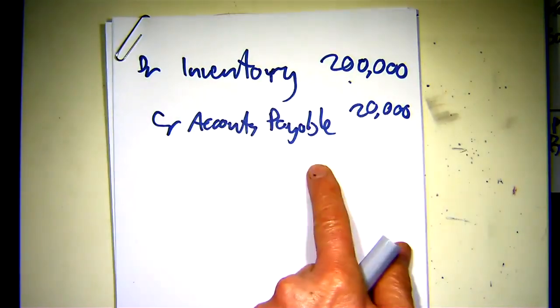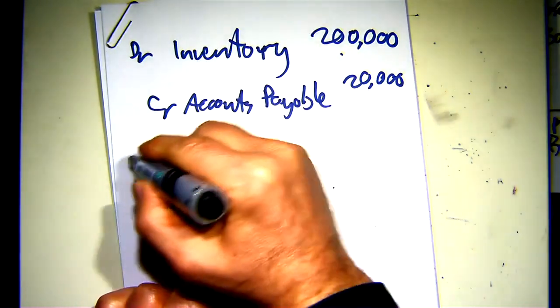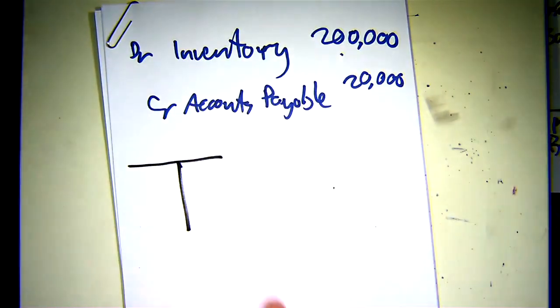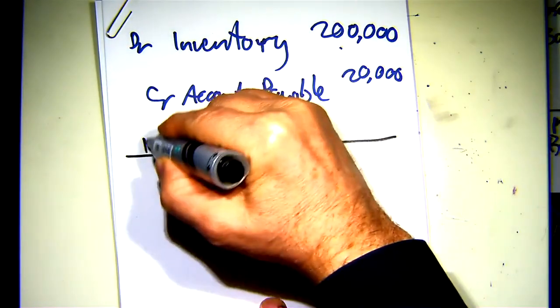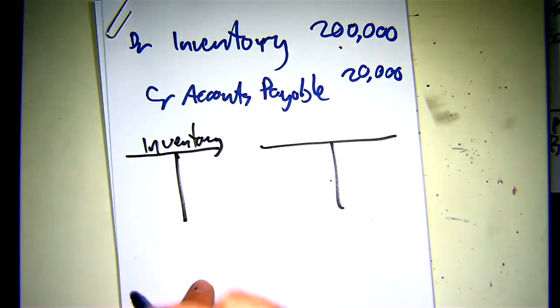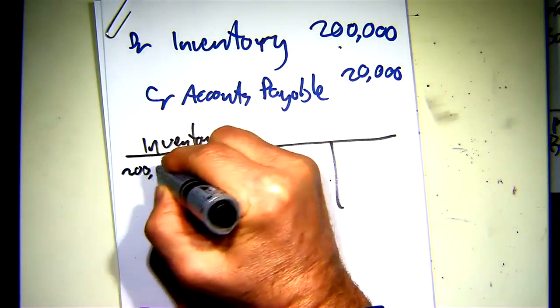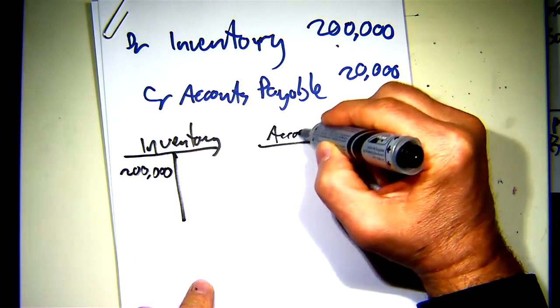so if I write this down, then that'll mean, now assuming I'm in a world where I only have one journal entry for the period, inventory, I'll have 200,000, and I'll have accounts payable.